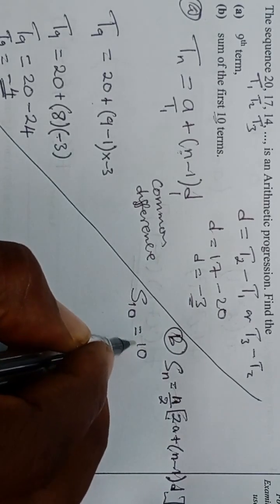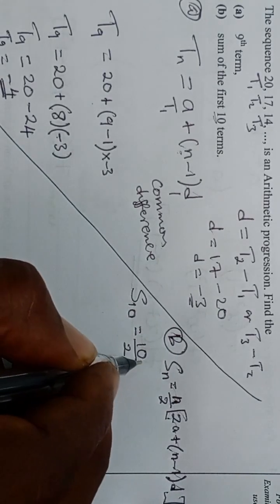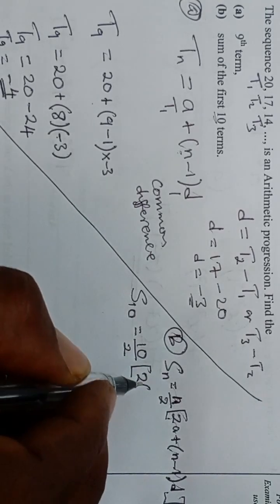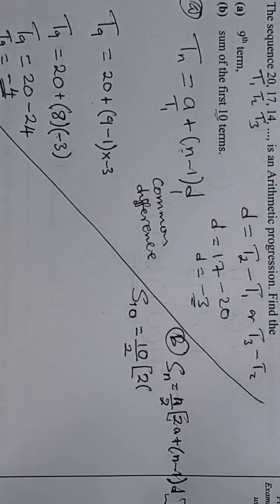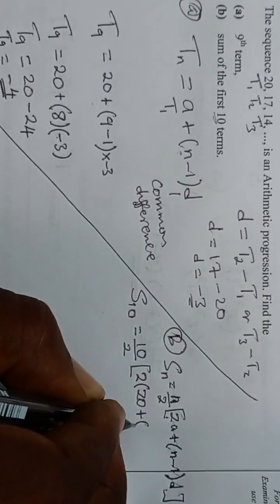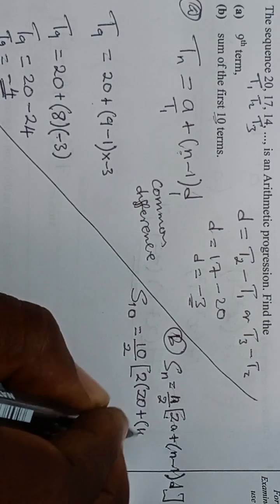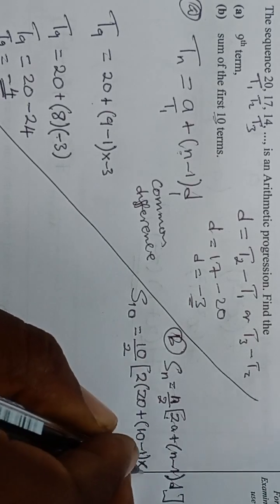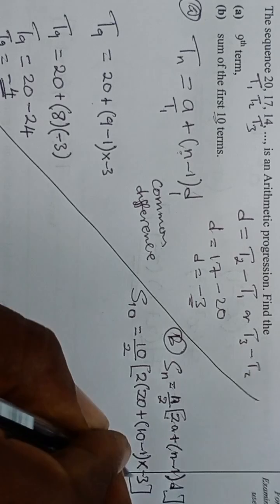So n is equal to 10, divided by 2, times 2 times the first term, that is 20, plus n is 10 minus 1, times d, which is negative 3.